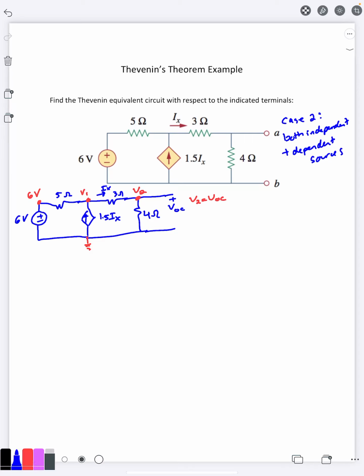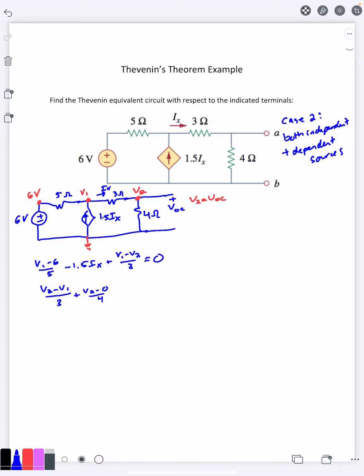And we'll go and set up our equation now for the node at V1. We would have (V1 minus 6) over 5 minus 1.5 Ix plus (V1 minus V2) over 3 equal to 0. For the node at V2, we would just have (V2 minus V1) over 3 plus (V2 minus 0) over 4.